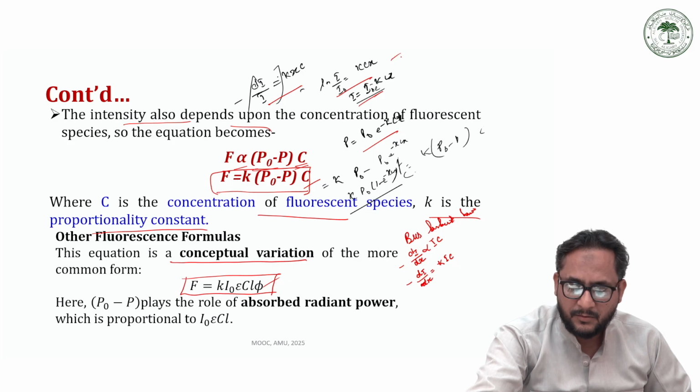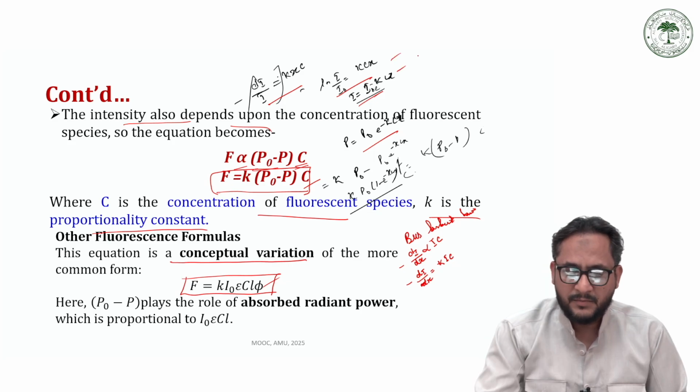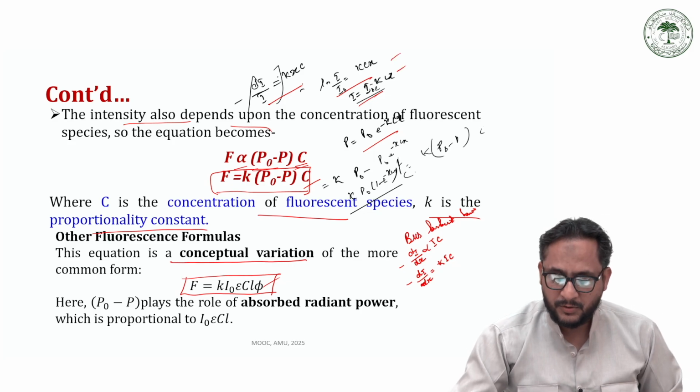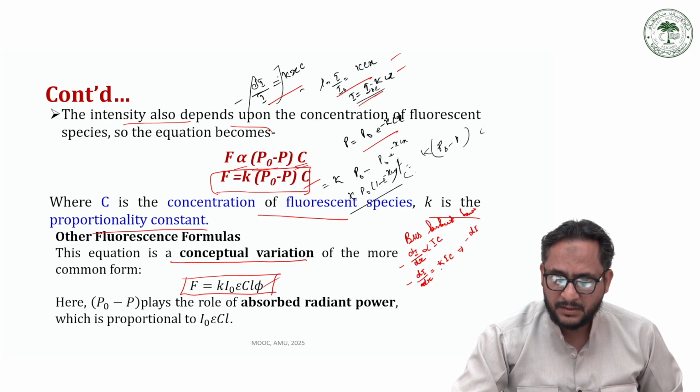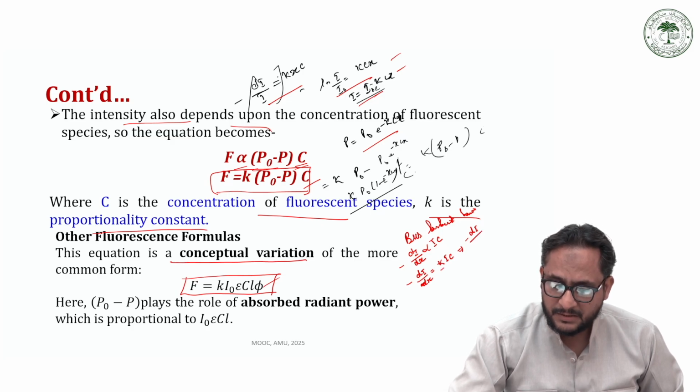This is the same calculation that I have made in this presentation. I am showing you again. Here we have removed the proportionality sign and placed a constant k. Now if we rearrange this equation, it is minus dI upon I is equal to minus k c dx.